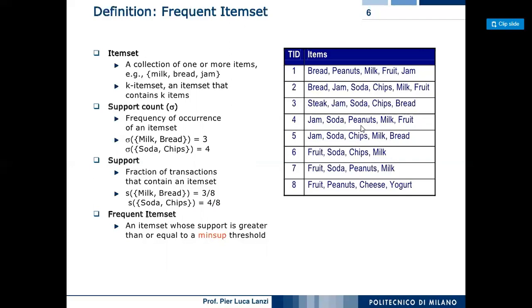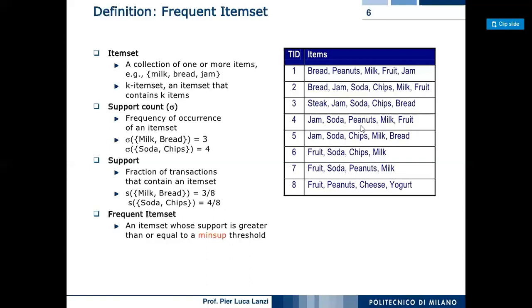For example, milk and bread. We shall check how many times they come together. There are 3 times that milk and bread have been purchased, so the number of transactions in which milk and bread have been purchased is 3.